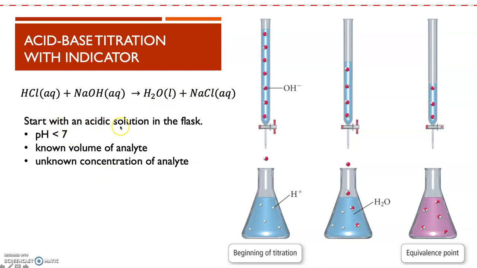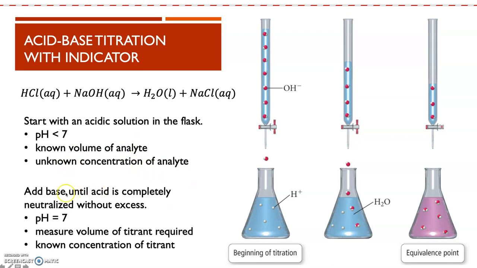So we start with an acidic solution in the flask, pH less than 7. We have a known volume, so maybe that's exactly 25 milliliters. We need to know that, but we have an unknown concentration of acid. As we add the base, the pH is going to rise as we use up those hydronium ions, or those protons, until we get to the equivalence point.